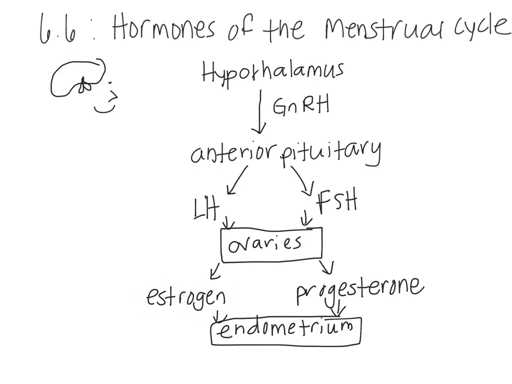When estrogen is present singularly, that estrogen is going to stimulate the hypothalamus and tell it to produce even more gonadotropin releasing hormone, which in turn produces more LH and FSH, which tells the ovaries to produce even more estrogen. That's what we call a positive feedback loop. So when estrogen is present on its own, it has a positive feedback loop causing even more production of these hormones. And that causes an increase in the lining of the endometrium.